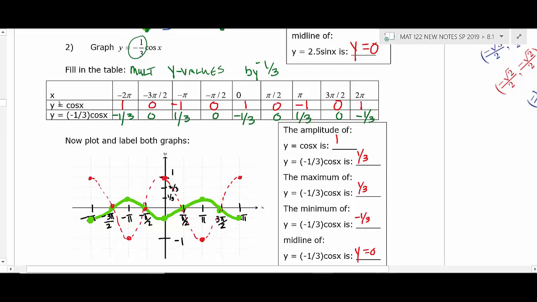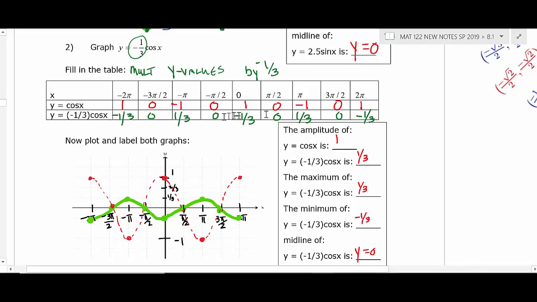Now that's going to cause this graph to reflect. I didn't do one like this, but I wanted you to do one like this yourself so you can see why that is. So what happens is when I multiply +1 by -1/3, I get -1/3. And -1 times -1/3 becomes +1/3. So those y values reflect over the x-axis as a result.